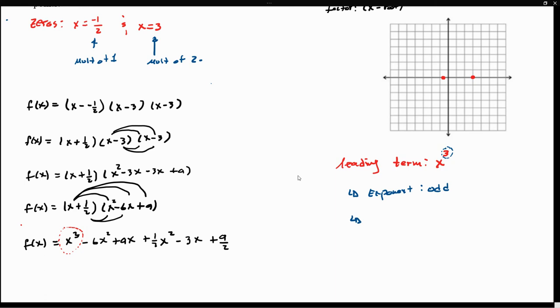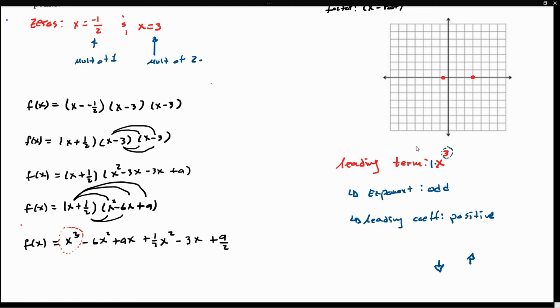Well, notice that the leading coefficient is positive. In this case, it is +1. So since the leading coefficient is positive, and my exponent is odd, then on the left, it goes down, and on the right, it goes up.